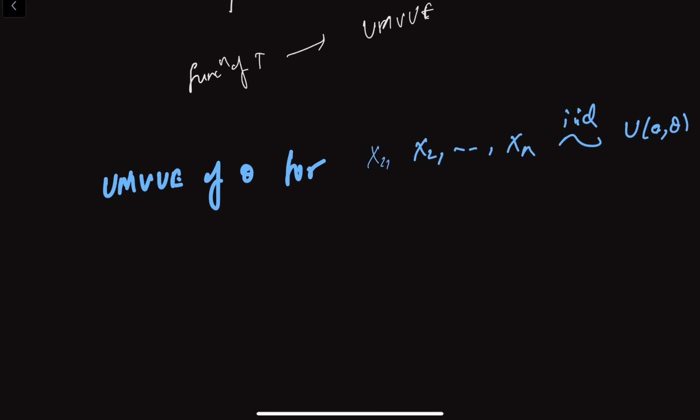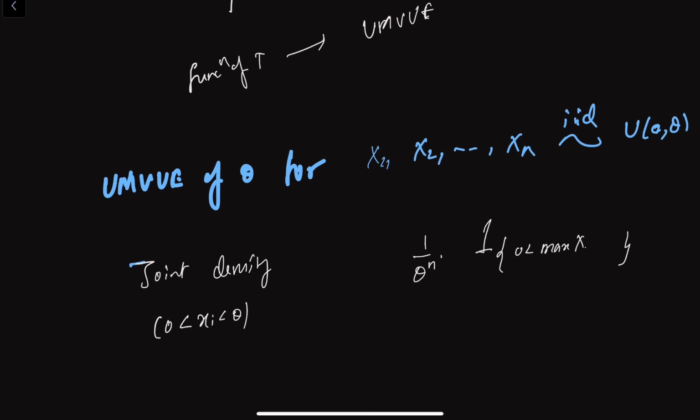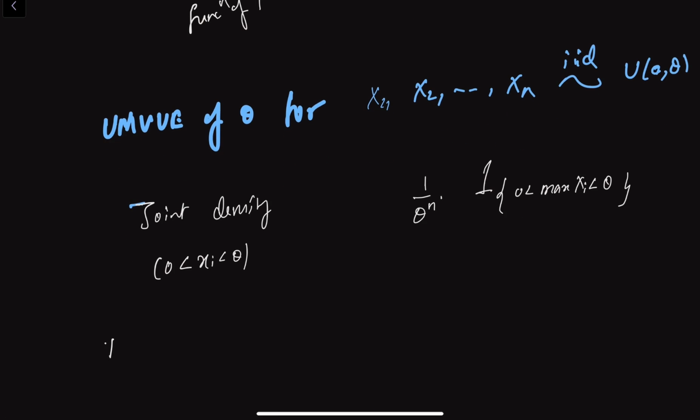If we consider the joint density, for 0 less than Xi less than theta, the joint density would be 1 by theta to the power n, and we also have to ensure that the maximum value lies between 0 and theta. So by using the factorization theorem, we can say that T, the nth order statistic, is sufficient for theta.